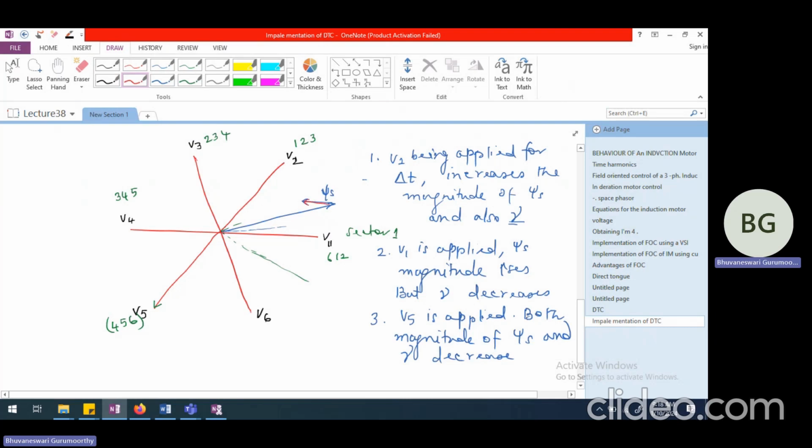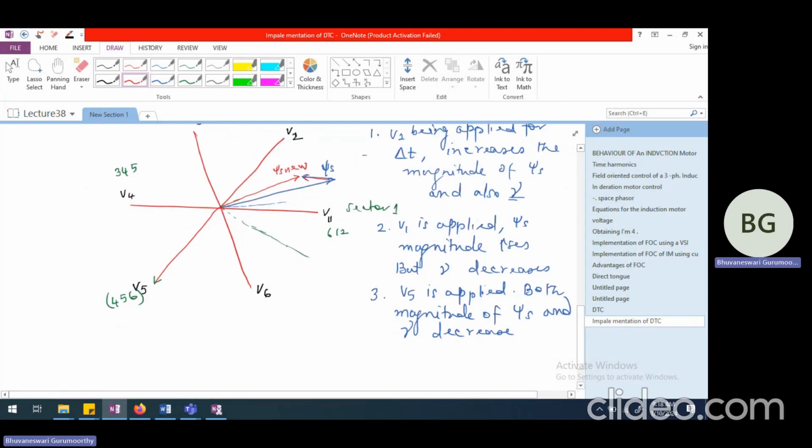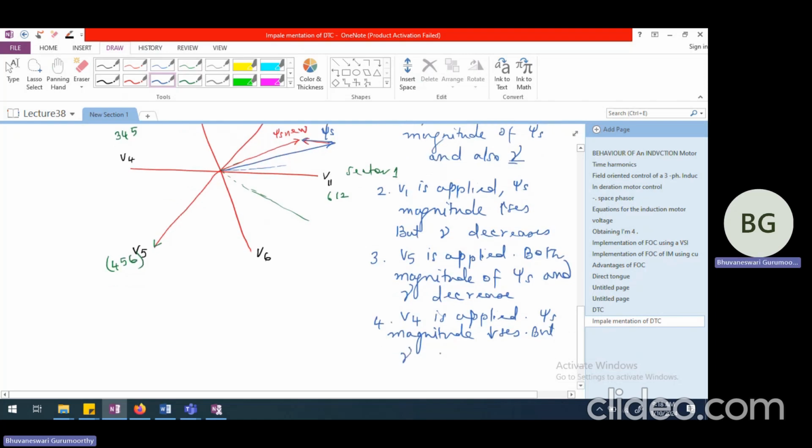So when I apply V4, the resultant is going to be here. So this is psi s nu. So you can see that the length decreases. So if I apply V4, we can say that psi s magnitude decreases, but gamma increases.